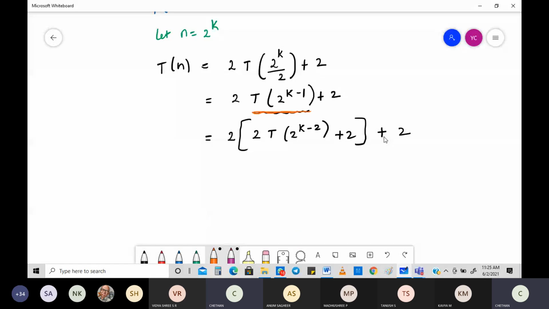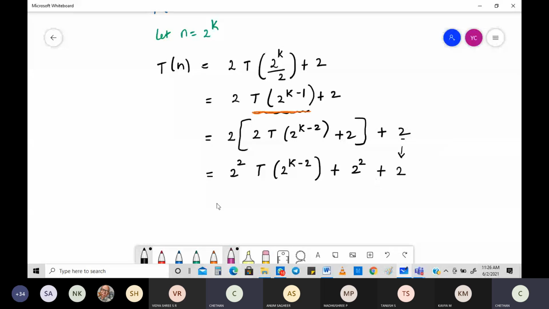What is the other way of writing this? 2 into 2 is nothing but 4, which I can write as 2 squared, T(2^(k-2)), not changing anything, plus 4, this 2 into 2 can be written as 2 squared, plus 2. The same old 2 is coming right here. Not doing anything extra.